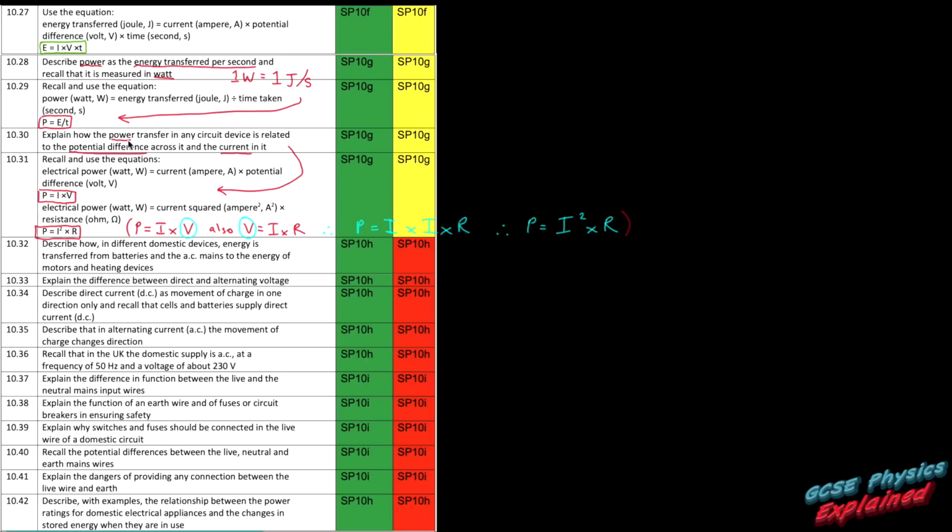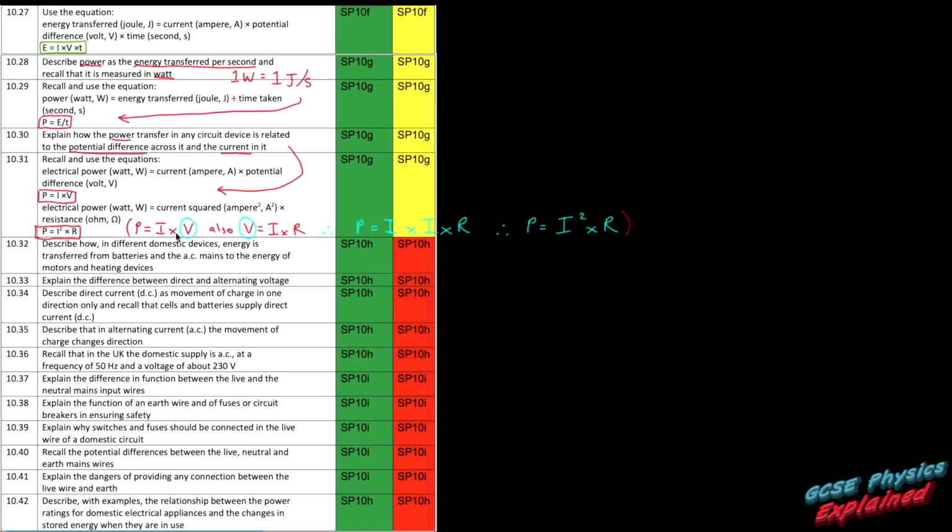10.30. Explain how the power transfer in any circuit device is related to the potential difference across it and the current in it. In other words, power equals current times voltage. They might also ask you to use power equals I squared times R, just to show you where that comes from.